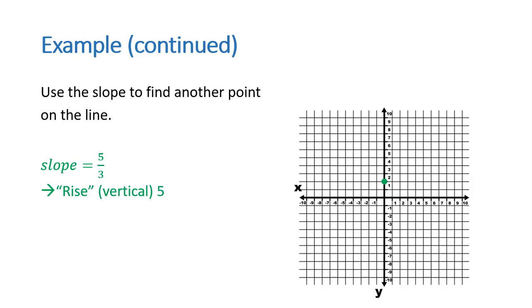So this means our rise, our vertical component, is 5 units. So if we're starting at our y-intercept at 2, we have to move 5 units vertically. But for every 5 units we move vertically, we also have to run or move horizontally 3 units. So 5 units vertically, 3 units horizontally, and that takes us to another point on our line. Connect the dots, and we have a line.